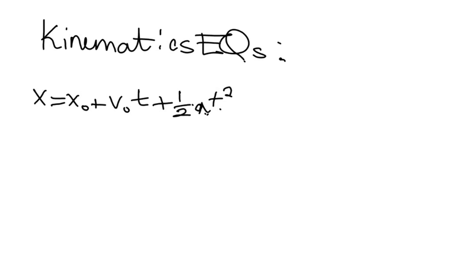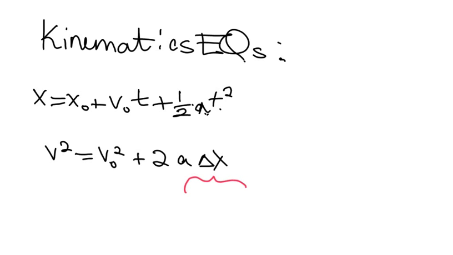The second one is v squared equals v naught squared plus 2a delta x, and remember delta x is secretly the same thing as x minus x naught. And finally, v equals v naught plus a t. These are the three main equations that you'll use when solving kinematics problems.